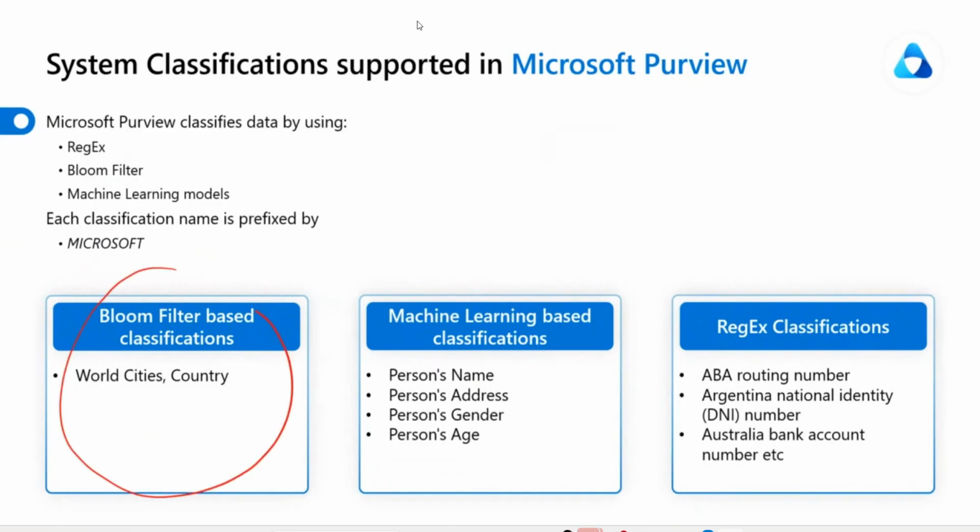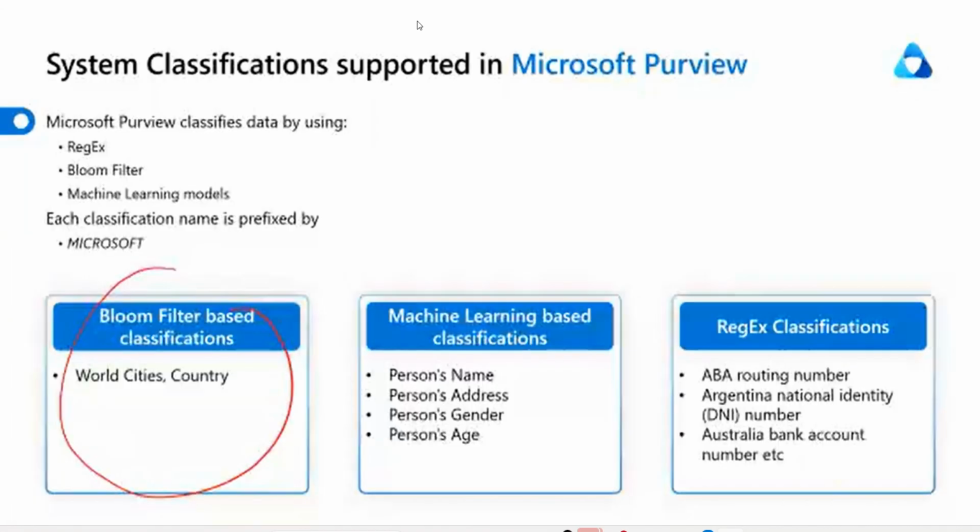What is Bloom filter? It's a sort of a probability based type of classification. If you have worked with machine learning classification models, then you are familiar with true positives, false positives, true negatives and all. So this is based on false positives and not false negatives.